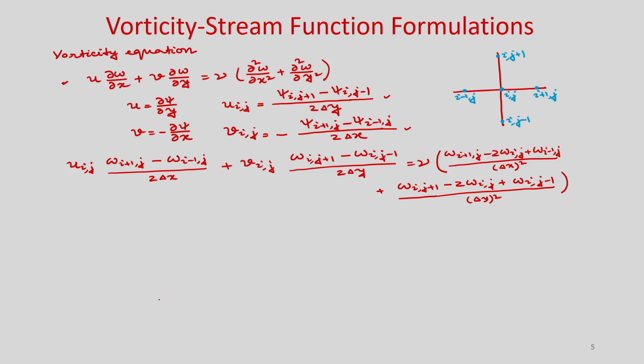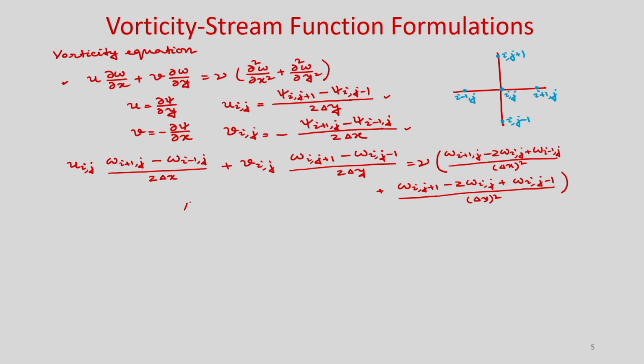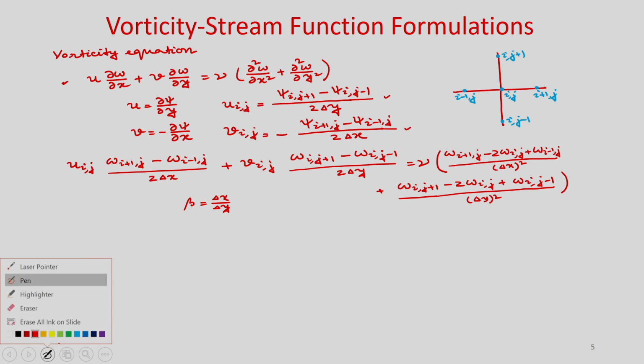Now you rearrange it and you define beta is equal to delta x by delta y. If you rearrange it, you can see what terms are there.